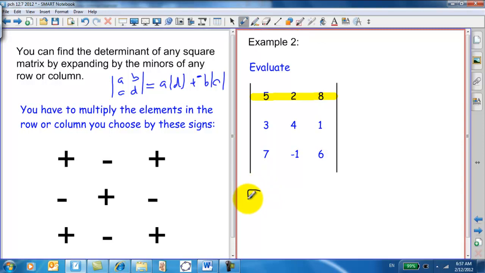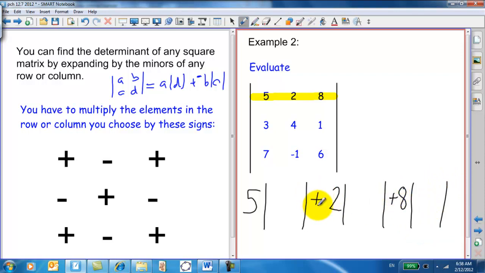That is 5, 2, and 8, and then we're going to multiply by the minors of each of those and add them all up. But 2 is in a negative position in our little checkerboard pattern here. So therefore, you've got to tack on a negative to 2.